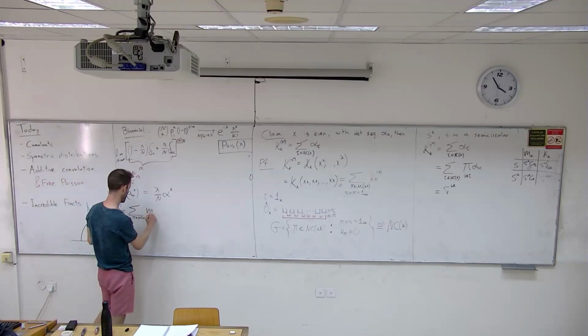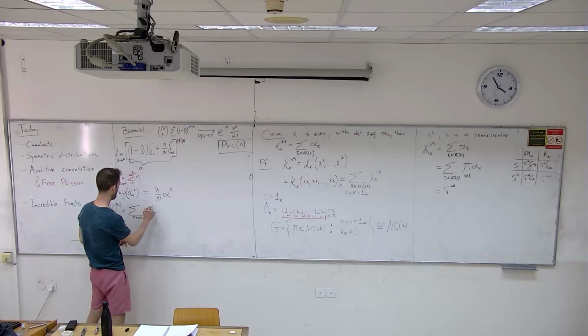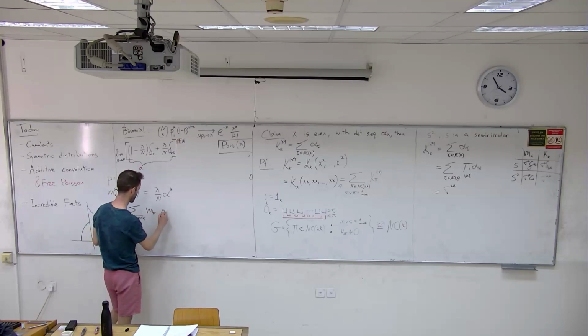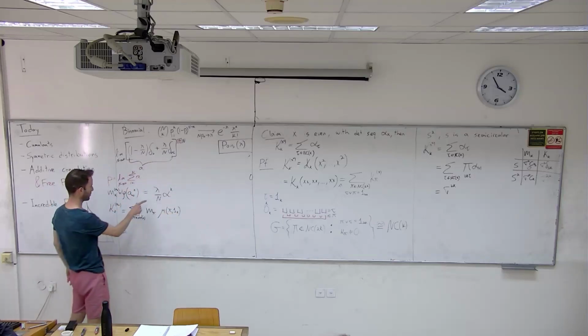Let's write m pi of this element times the Mobius function of pi and 1_k. So I'm going to split it.